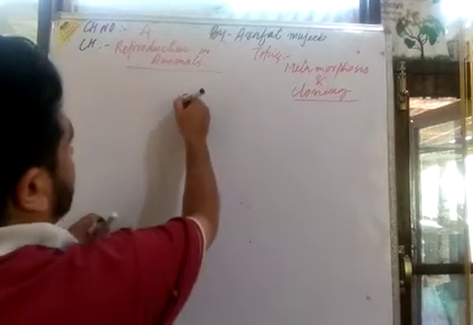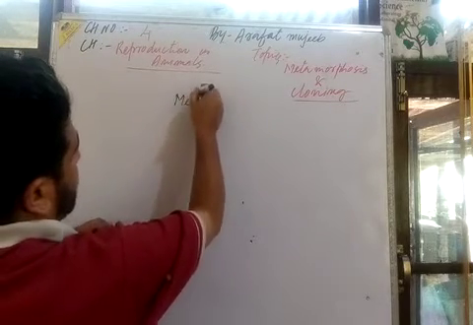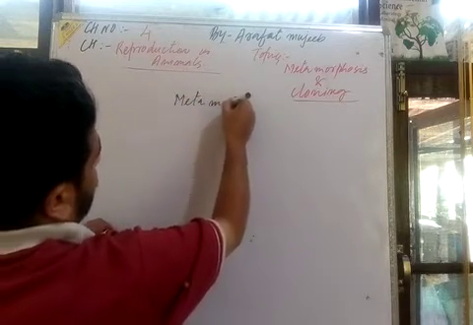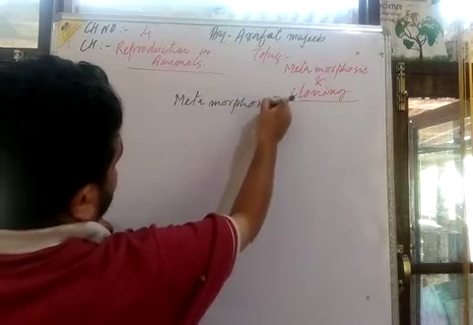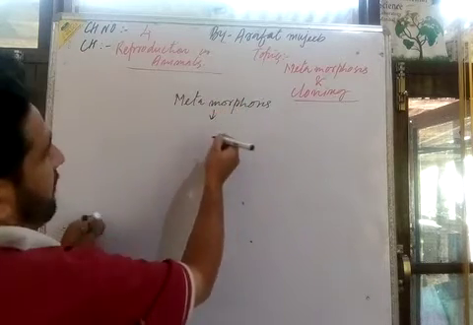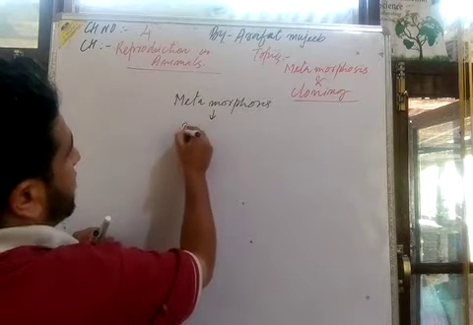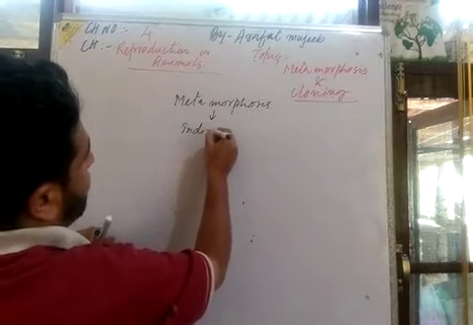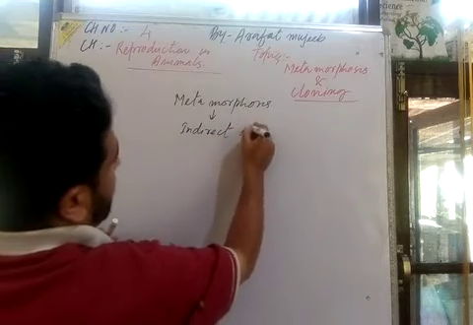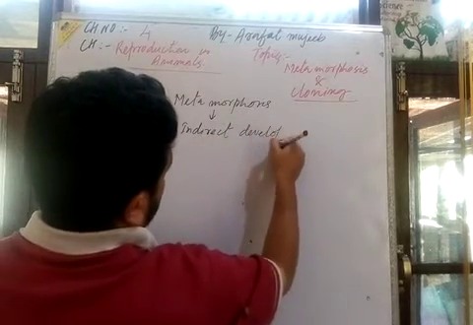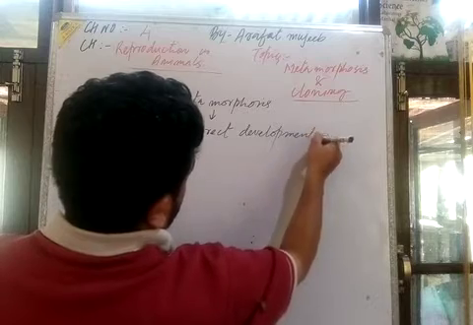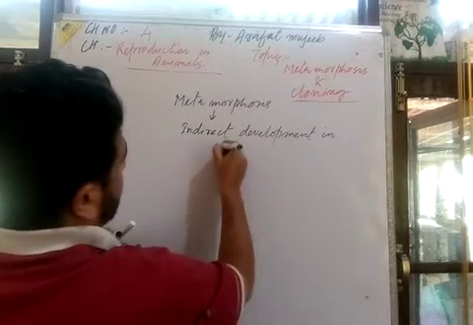Now we discuss the concept of metamorphosis. It is an indirect development in an adult.